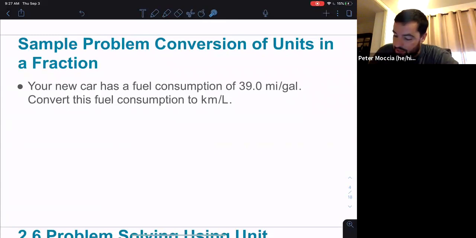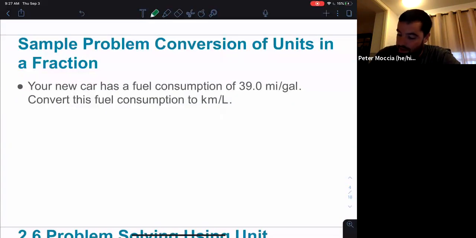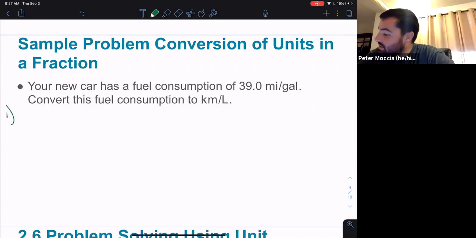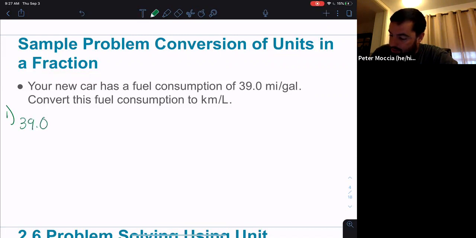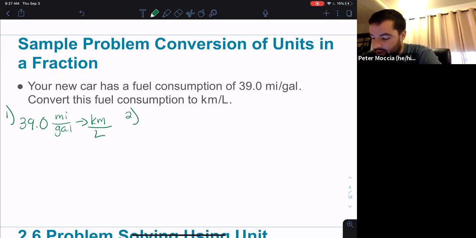Okay, step 1, we're going to write down our given. Let's choose a new color just for fun. So fun. Ready? So 39.0 miles per gallon. And we want to convert that to kilometers per liter. Okay? So we're going to write down what our 2 conversion factors here are. So miles to kilometers.